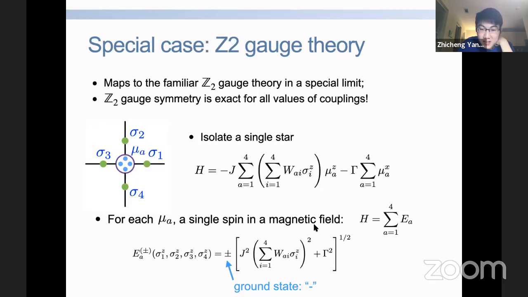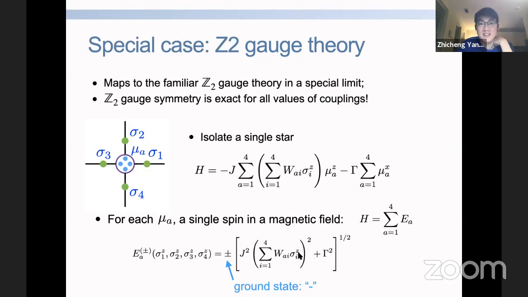If you look at this eigenenergy, this is a square root I can expand in a Taylor series. For concreteness, let's take gamma to be bigger than J, and then this expansion is exact. Notice that the sigmas here are just classical variables.